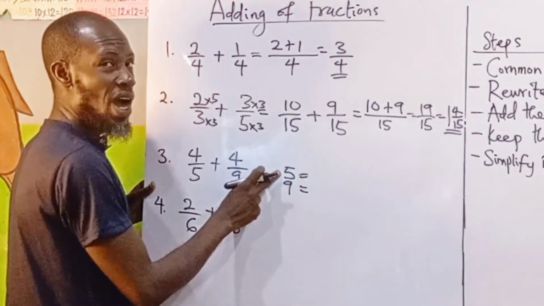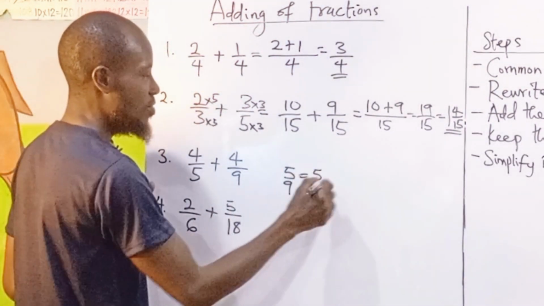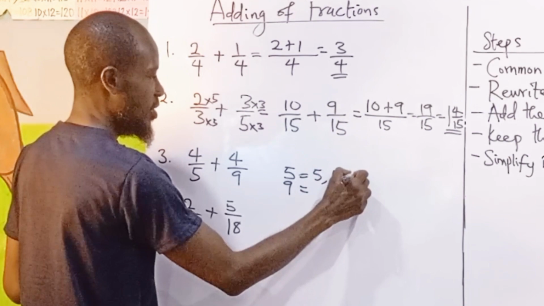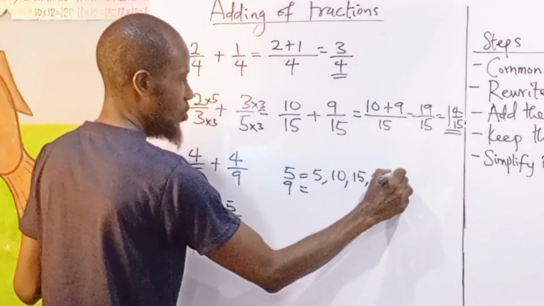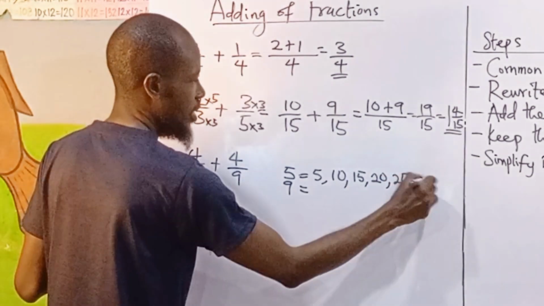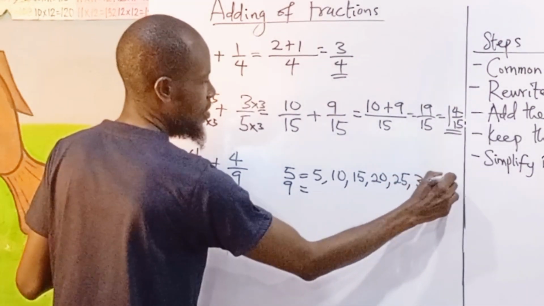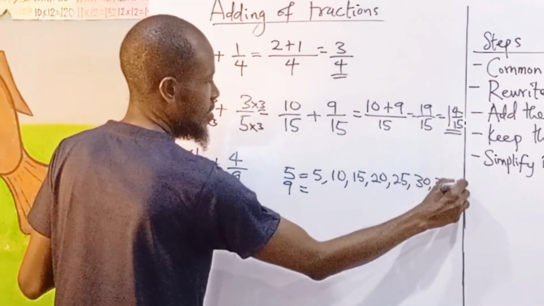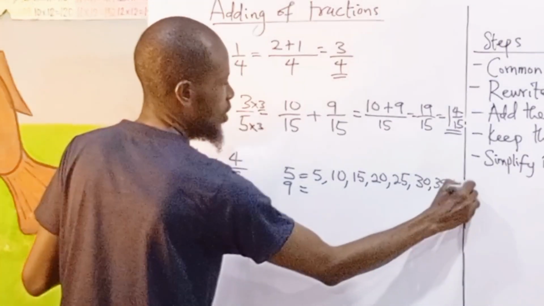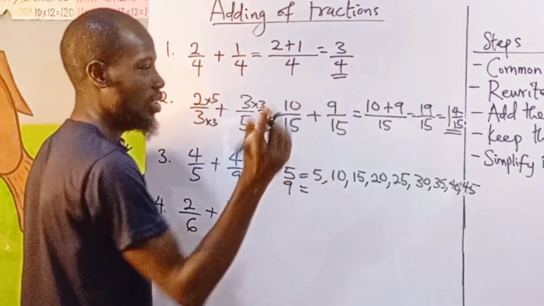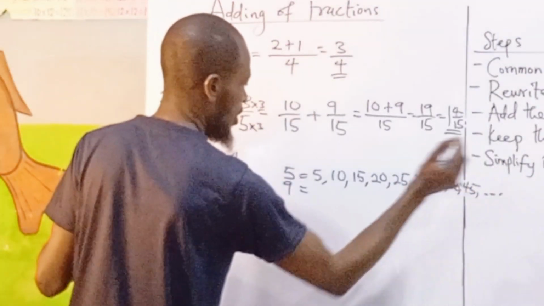For 5, we have 5, 10, 15, 20, 25, 30, 35, 40, 45, and it still continues. It's infinite.